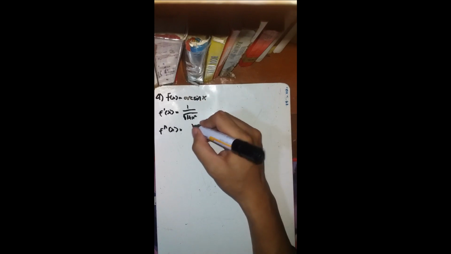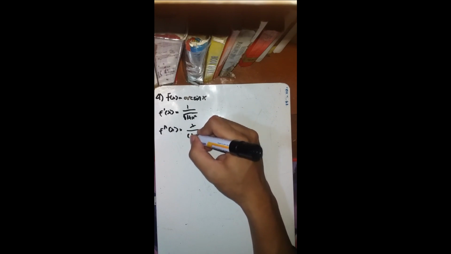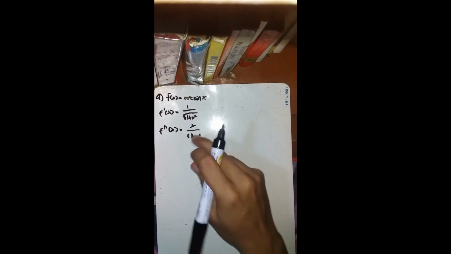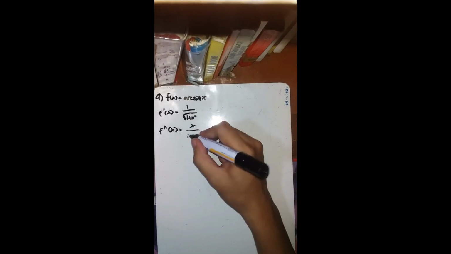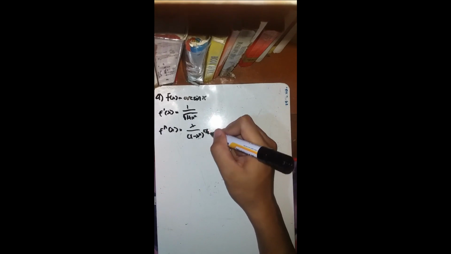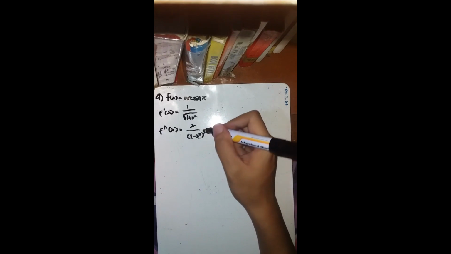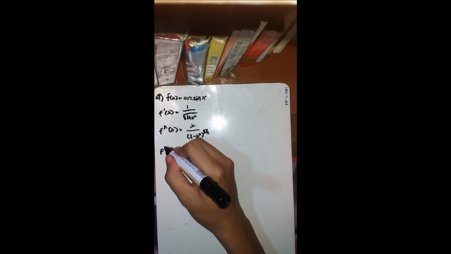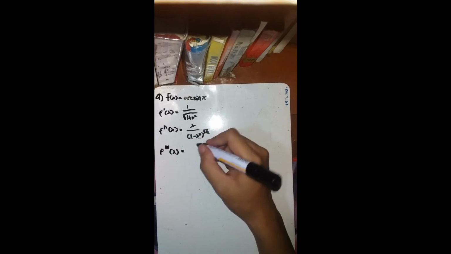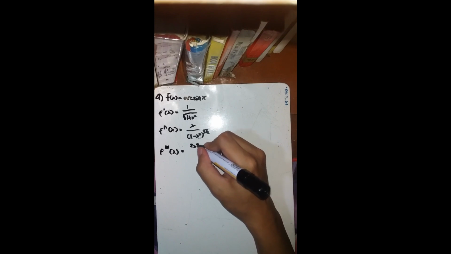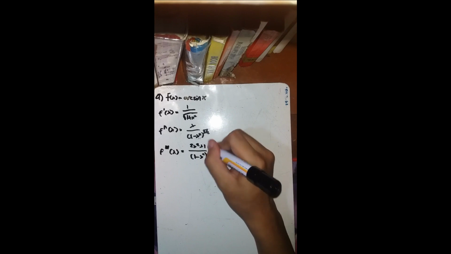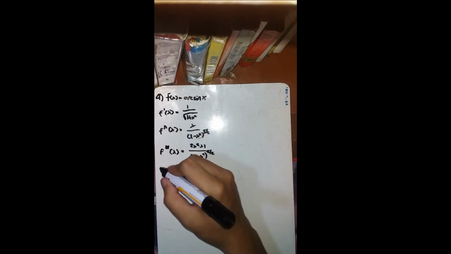So this will become x over 1 minus x squared raised to 3 halves. Your third, again chain rule, will become 2x squared plus 1 over 1 minus x squared raised to 5 halves.